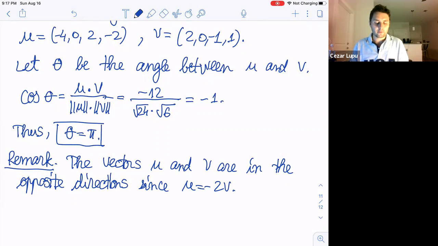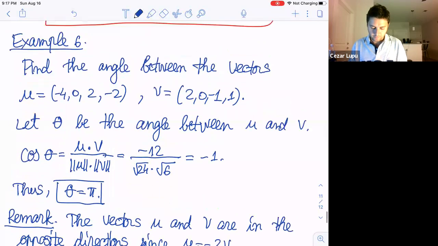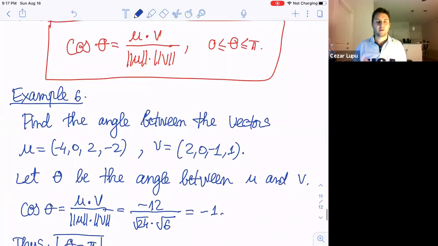If we go back to the formula, the cosine of theta is the dot product between u and v over the magnitude of u times the magnitude of v. You see clearly that the denominator is always non-negative. And now we got a negative result here.